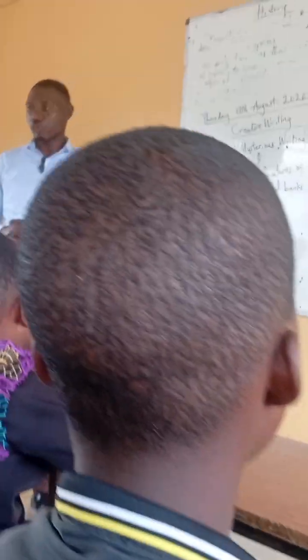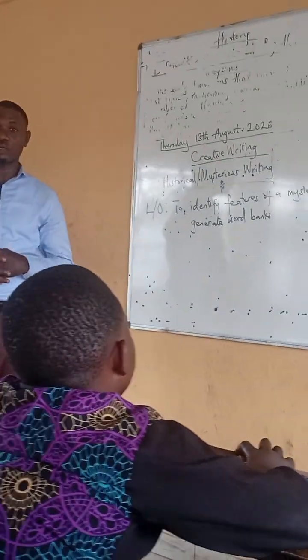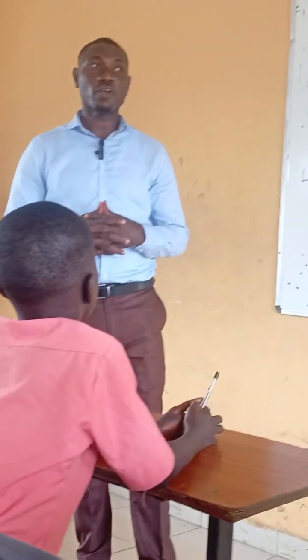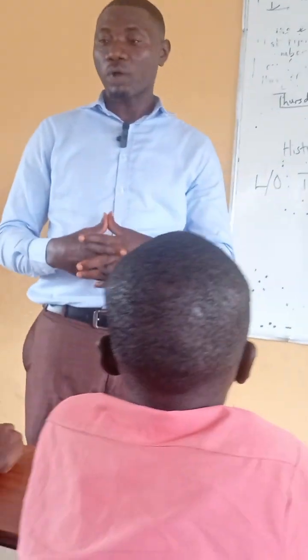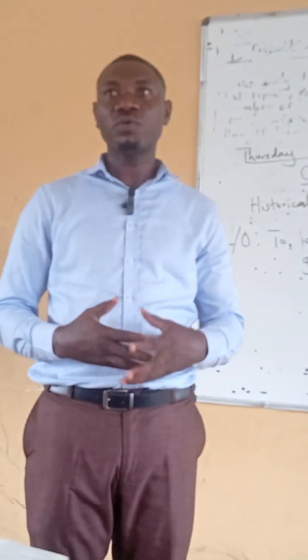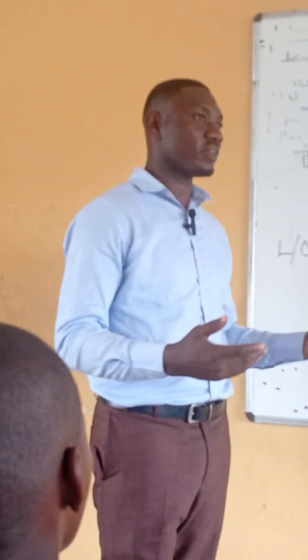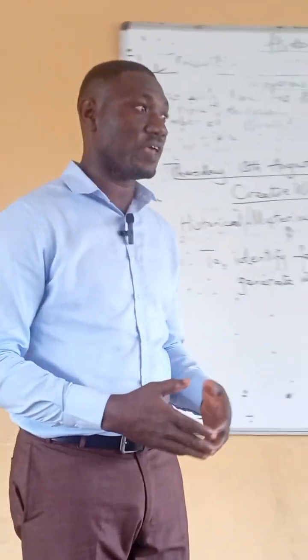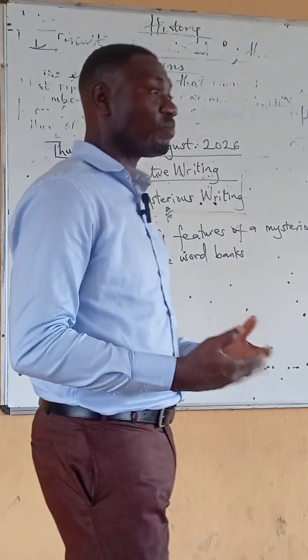And last week we took time to talk about the features of a historical and mysterious writing, what it is and what some of the features are. If you recall, it's a kind of story that involves a twist, a suspense.